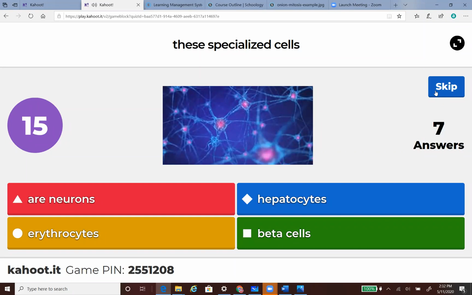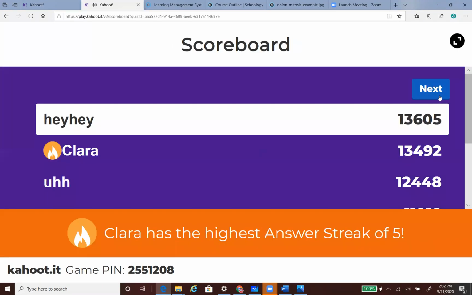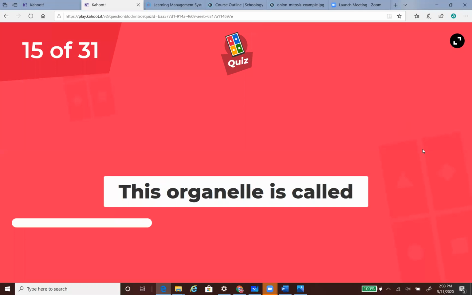Think brain. Neurons. Very good. Clara's on fire, apparently.